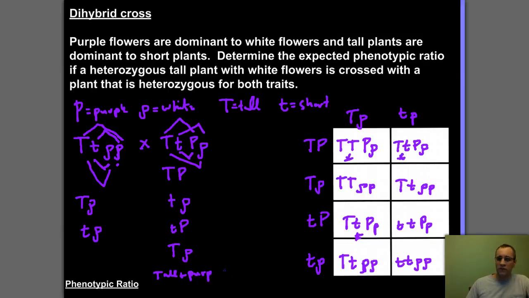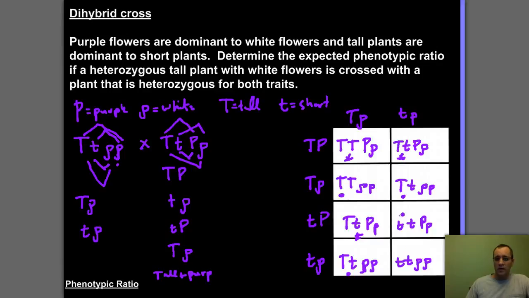So we have that phenotype. This one, these are going to be tall and white. Are there any other tall and whites? Yeah, this one too, tall and white. Okay, so we have 3 of those. And then we have this one that is short and white. Right, or short and purple, sorry, short and purple.